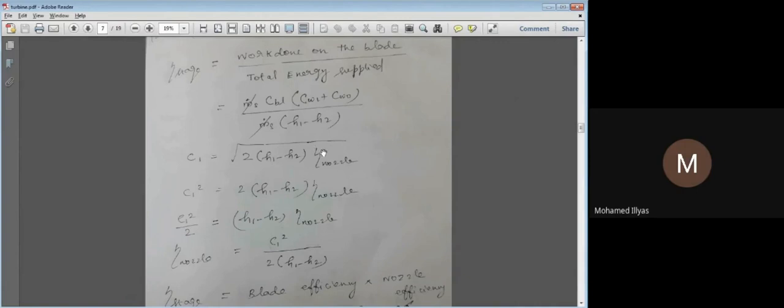This is eta symbol. Eta is now efficiency symbol. Eta suffix nozzle.